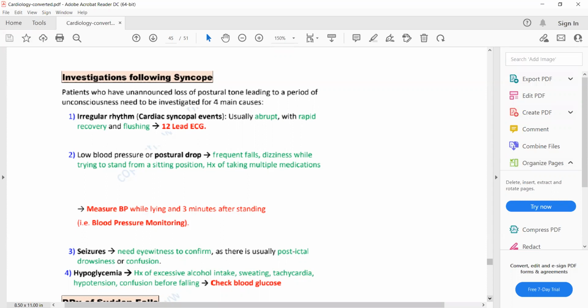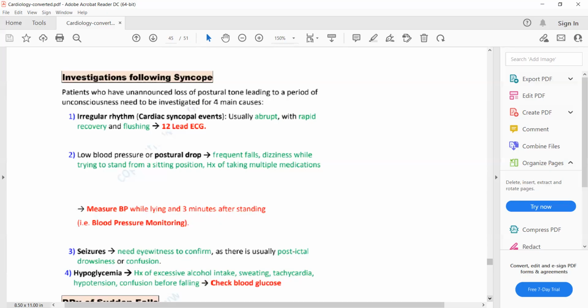The first important cause is arrhythmias, because arrhythmias can lead to dizziness and syncope. Arrhythmias usually are sudden and abrupt, and the recovery is also abrupt.